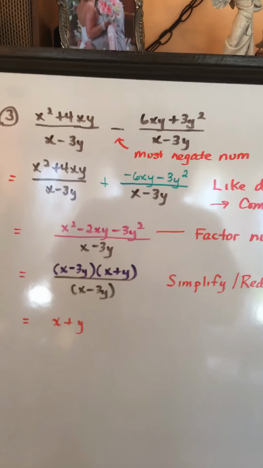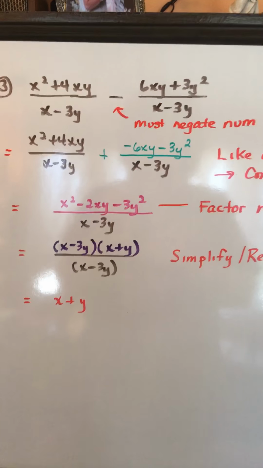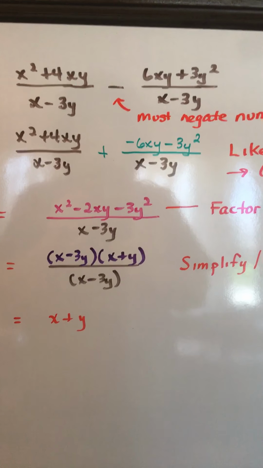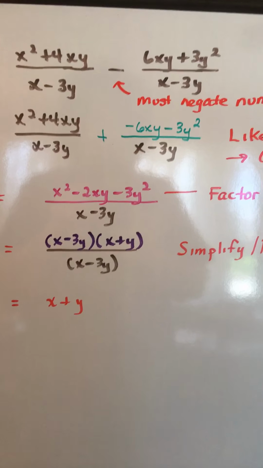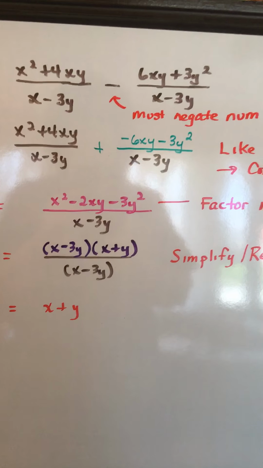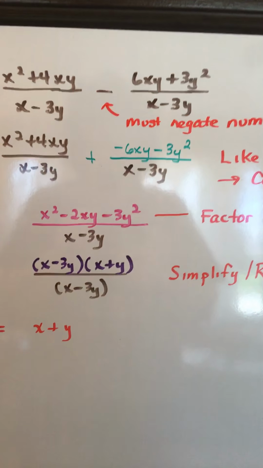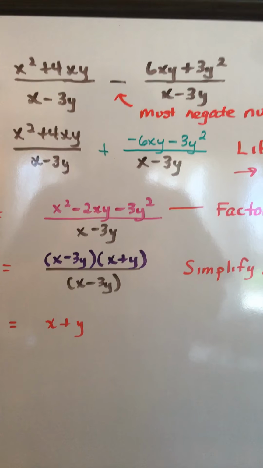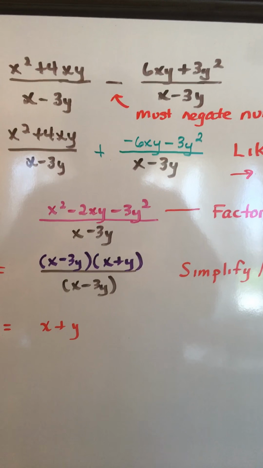So now we have similar terms in the denominator, so we can combine our numerators, and notice the only thing that combines are the two terms 4xy and negative 6xy, and that gives us a negative 2xy. Now once again, just like all those sheets in the packet entitled Spring Break, when we actually did it the week before Spring Break, you need to factor.